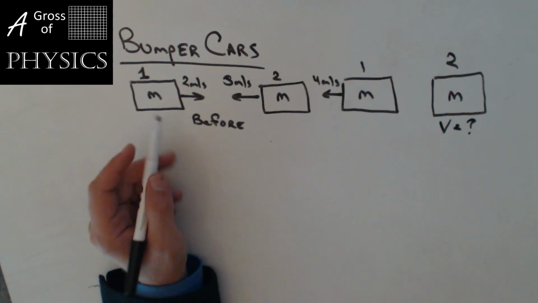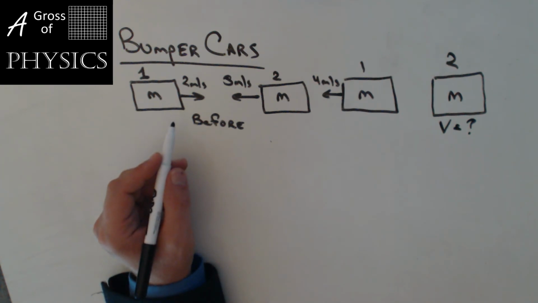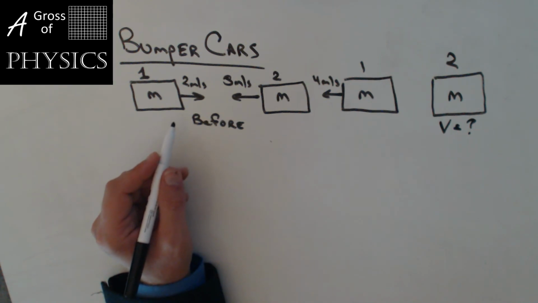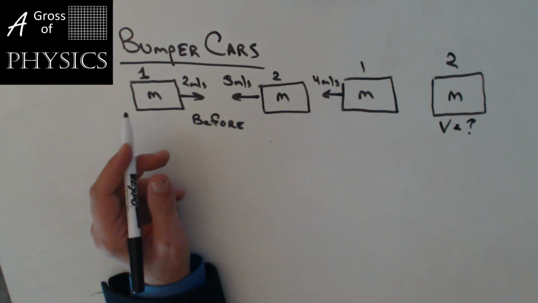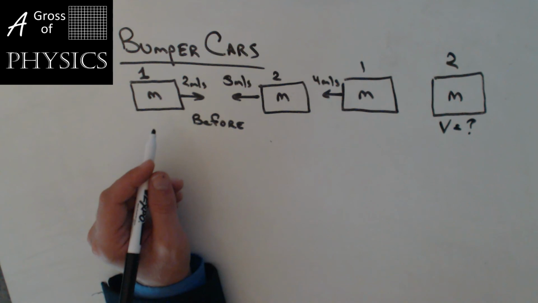Bumper car problems are a staple in physics when dealing with conservation of momentum. Typically, we have a somewhat elastic collision because they bounce apart, they don't stick together. A normal accident with real cars would inevitably cause them to stick together and lose energy.